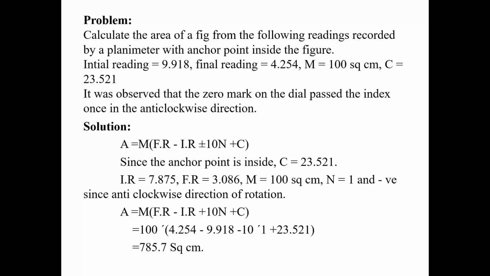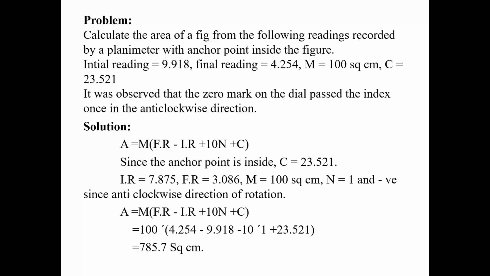Calculate the area of a figure from the following readings recorded by the planimeter with the anchor point inside the figure. In the last problem the anchor point was outside the figure, but in this problem the anchor point is inside the figure.